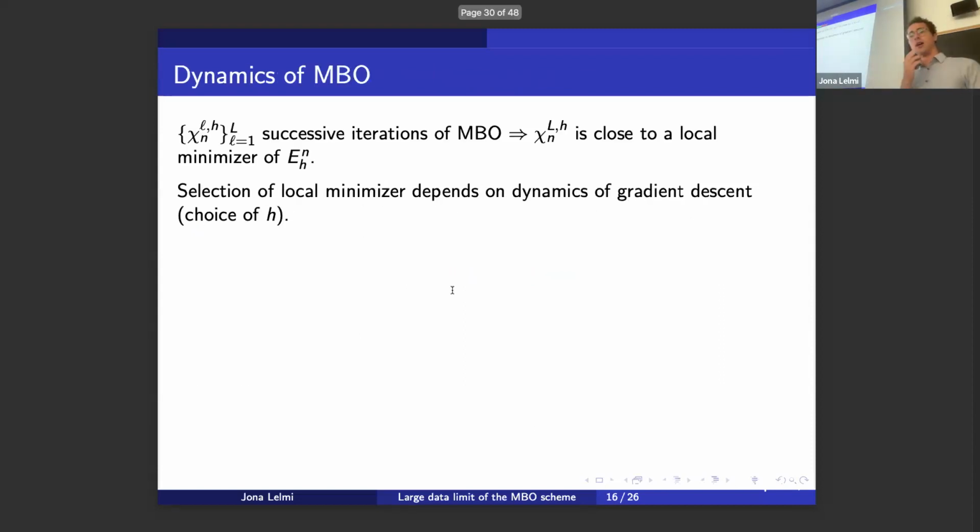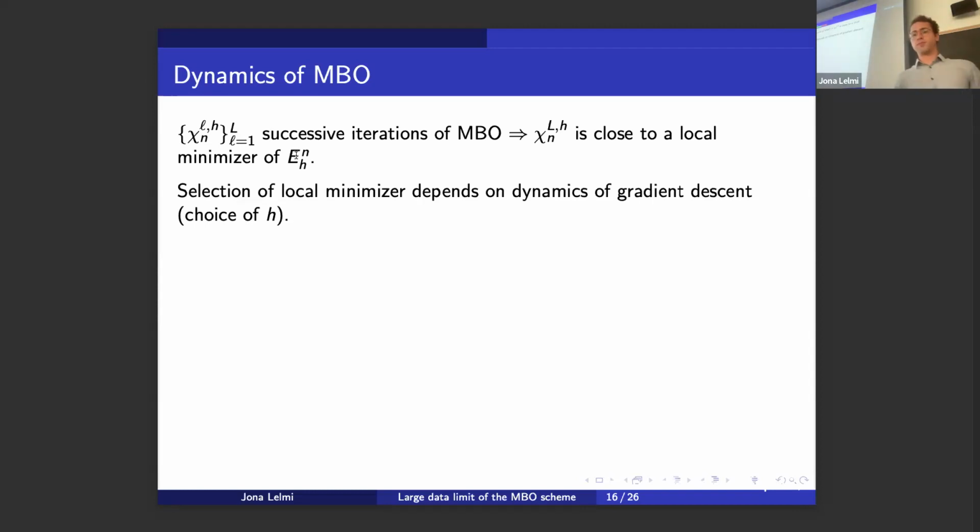Now for the dynamics, let me mention again what we mean. We have seen that if we consider successive iterations of the MBO scheme on each graph, then the final outcome is close to a local minimizer of the thresholding energy. But as always, the selection of local minimizers depends on the dynamics that you use to go to the minimizer, as with neural networks, where initialization is an important variable.